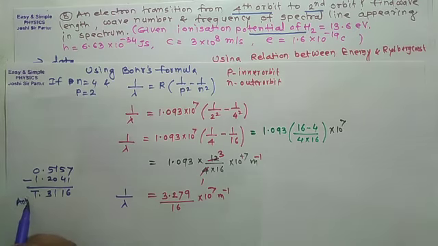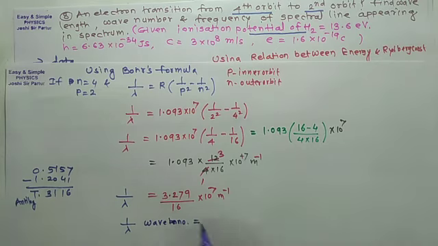Take its antilog. So antilog of 0.316, 2.070, and 6 in mean difference having value 3. So wave number 1 upon lambda means wave number is equal to 2.073 into 10 raised to 7 per meter.